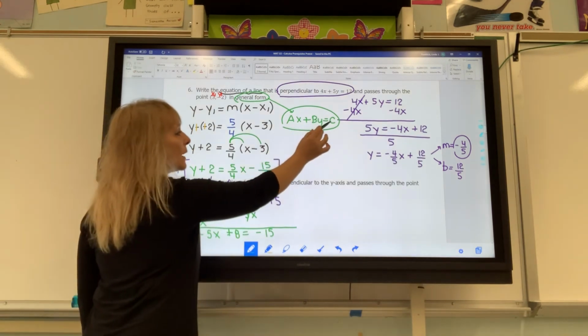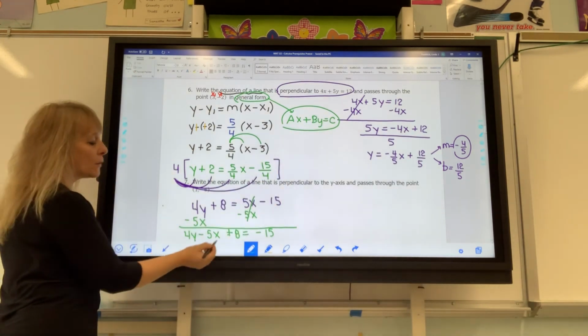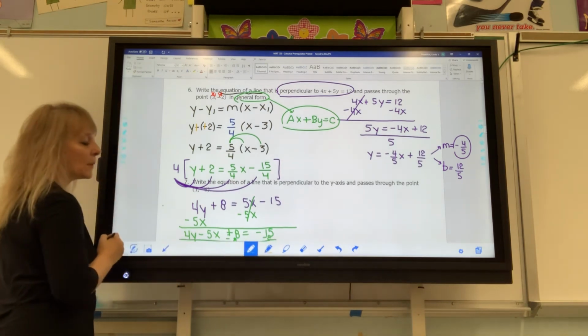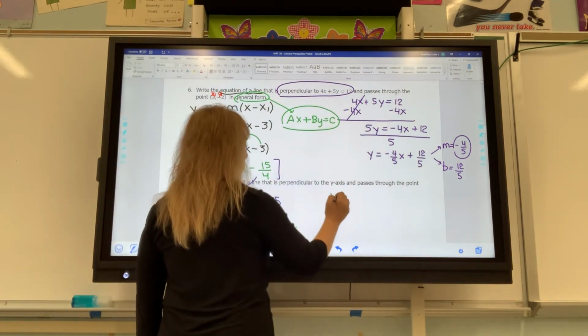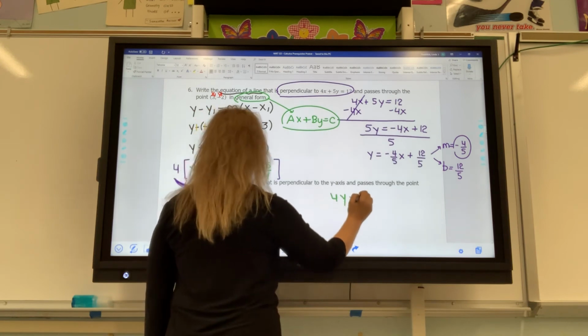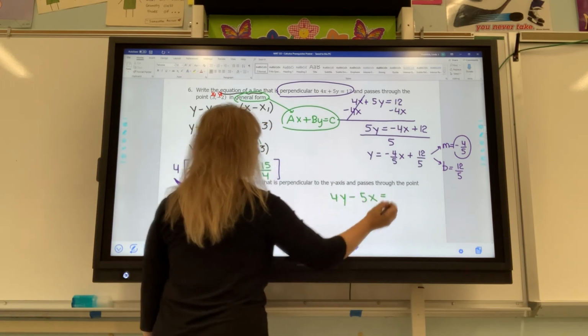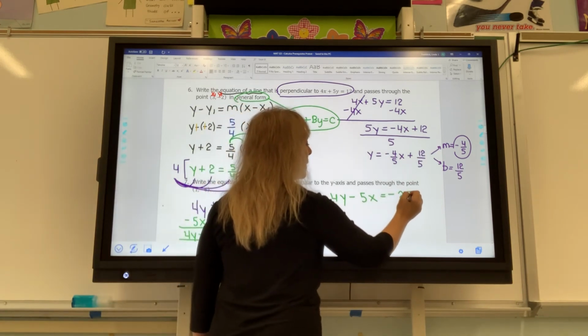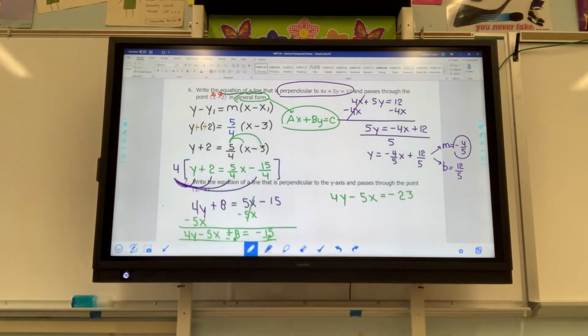But then you have to move the constant to the right. So I ran out of room, but I'm going to subtract 8 and subtract 8 and see what I get. So I have 4y minus 5x, and a negative 15 and a negative 8 is a negative 23. And I'm perfectly fine with that.